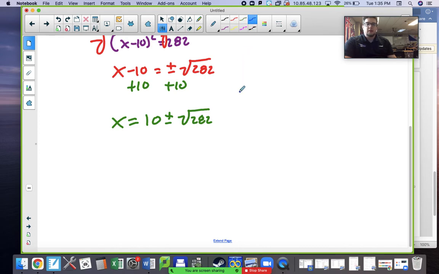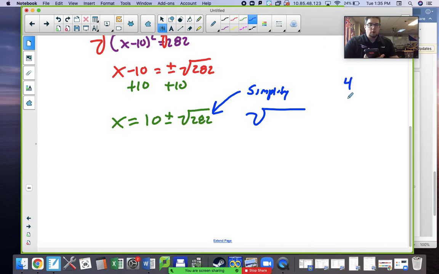Before we end our problem, we are going to simplify any non-perfect roots. So I'm going to check on my calculator what perfect squares go into 282.